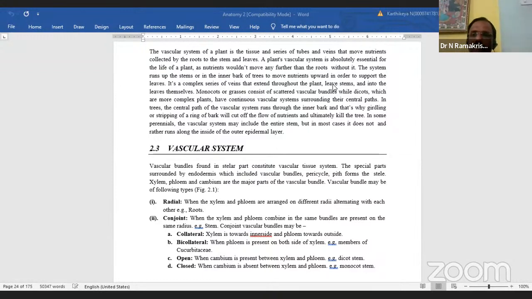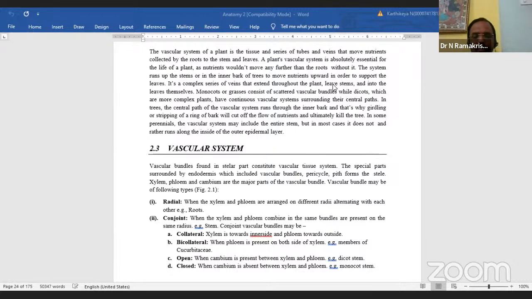The rings are seen in dicots, so ring-like bundles are there. In monocots, they may be found scattered throughout the stem. In monocots, the vascular bundles are totally scattered throughout the section.